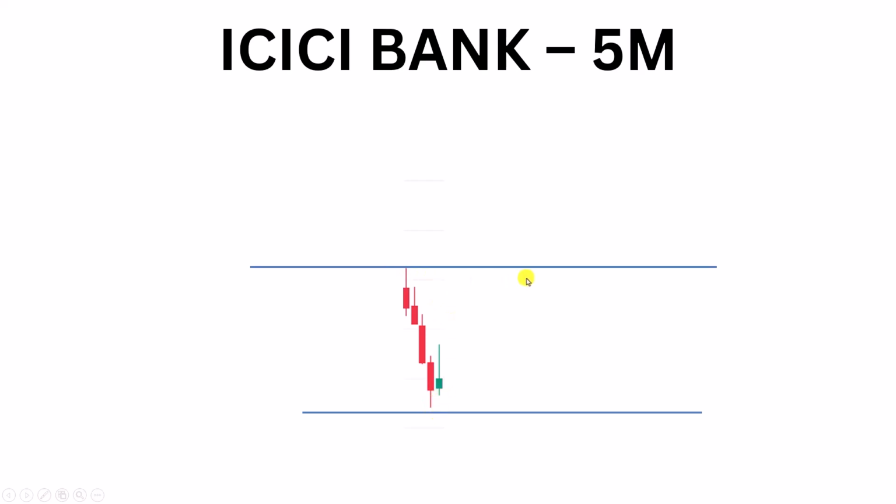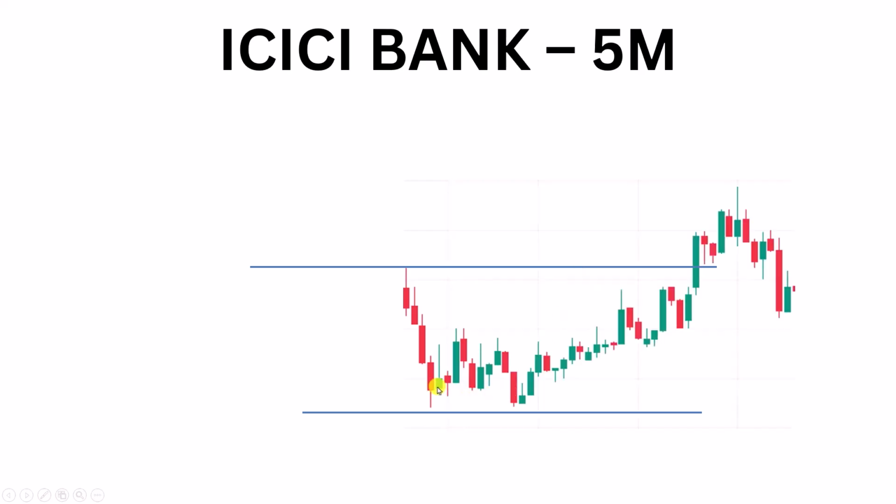Our target would be somewhere here and the trade has gone in our favor. Now if you see the trades, you can see that the price had come below this level. So if you had placed your stop loss here, then here you would have exited your trade. But since you have placed your stop loss here, the stop loss has not been hit and you have achieved your target.